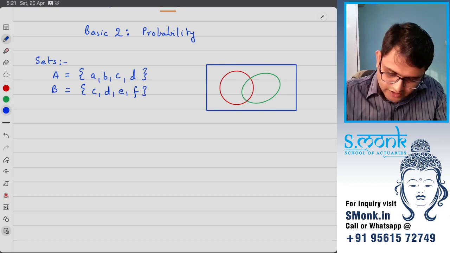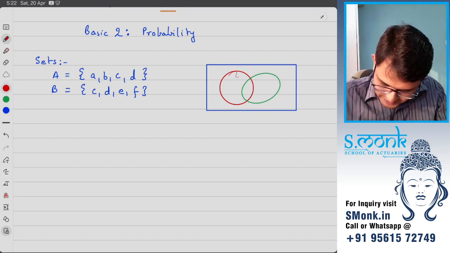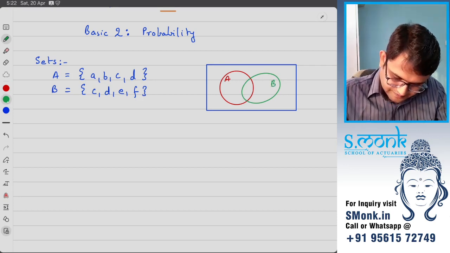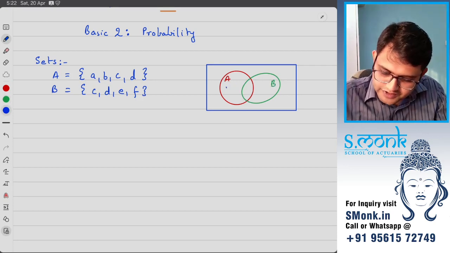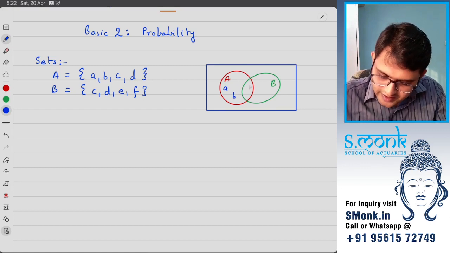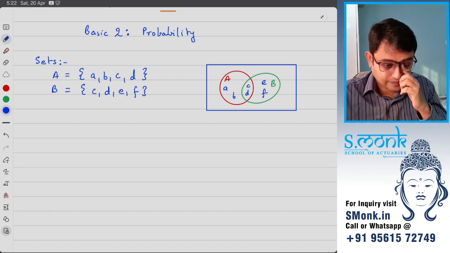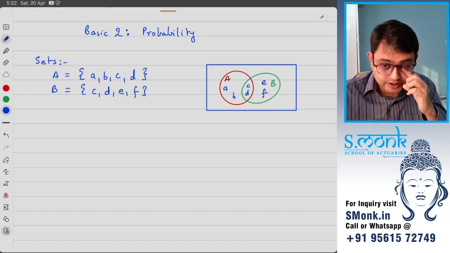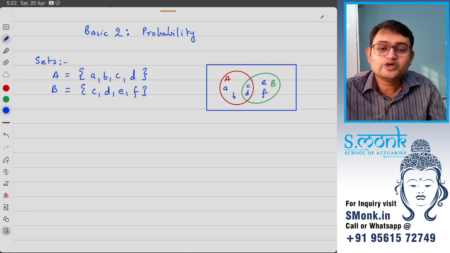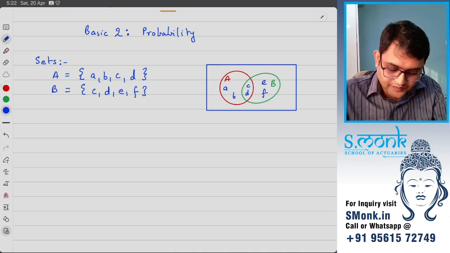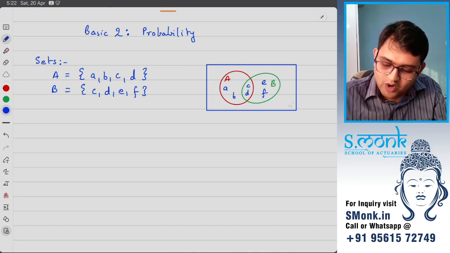So here I will say this is A and this is B. The elements A and B are here, C and D are here, E and F. This is how we'll represent them. You can see C and D occur only once, but they are common to both sets A and B.